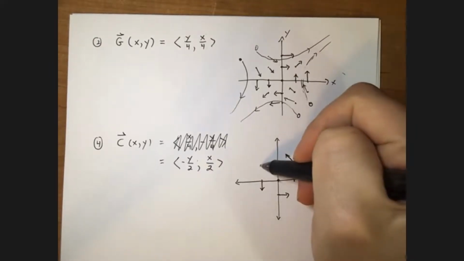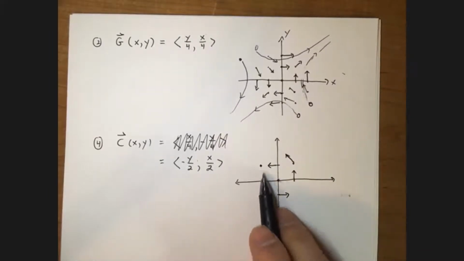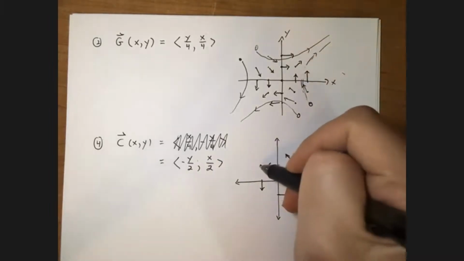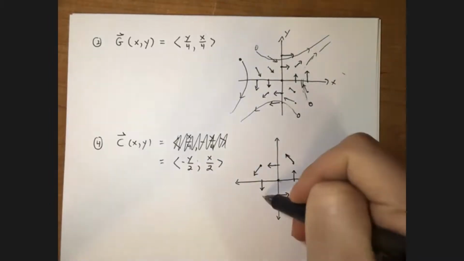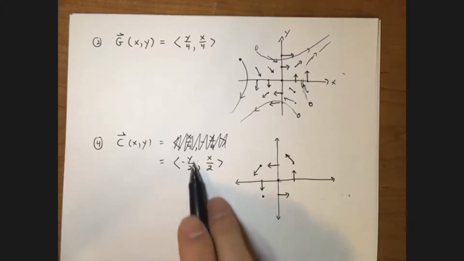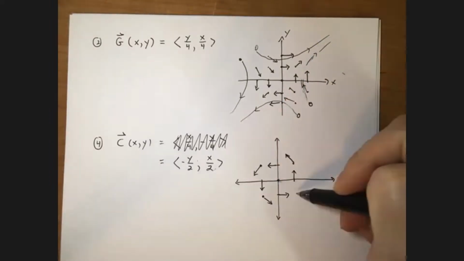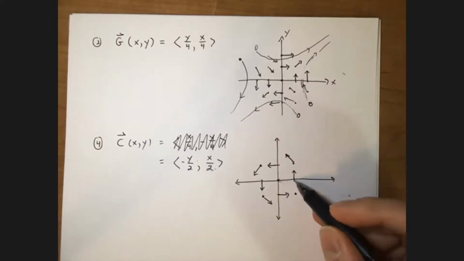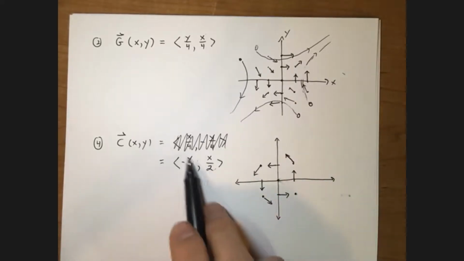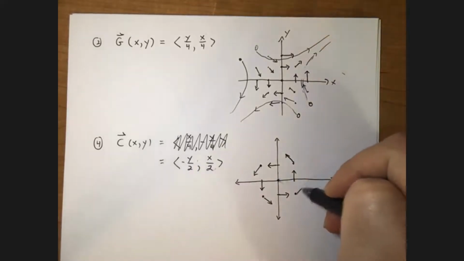If I go to the point -1, 1, x is -1, y is 1, so I get -1/2, -1/2. So I get this vector. If I go here, -1, -1, I'm getting +1/2, -1/2. So something like this. And then when I go here, 1, -1, x is 1, y is -1, I get +1/2, 1/2. So I get this vector.